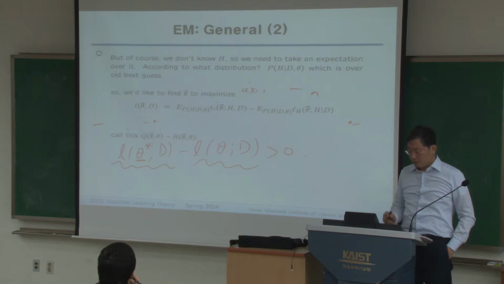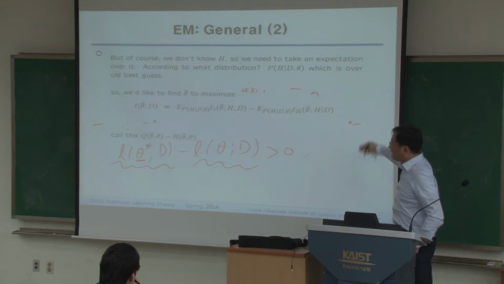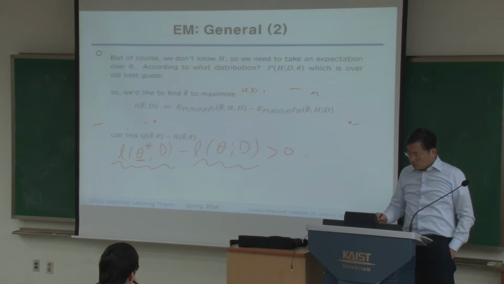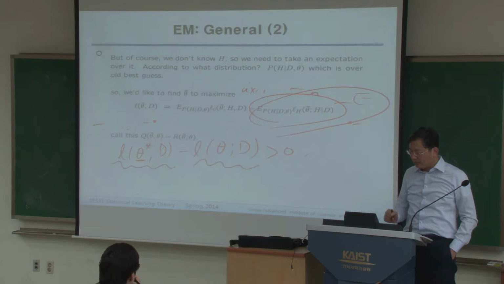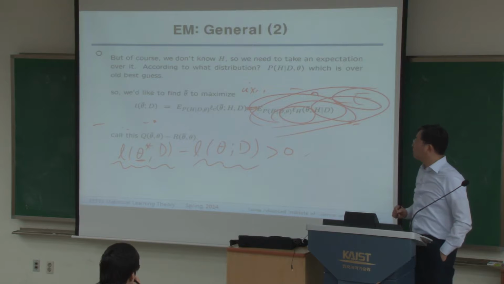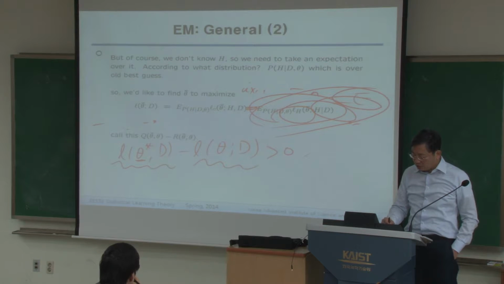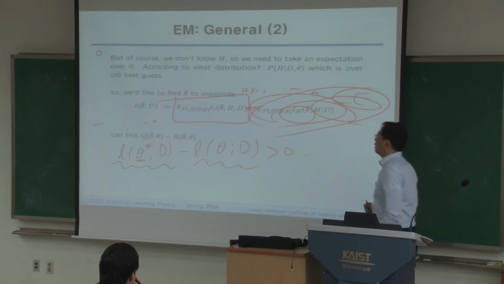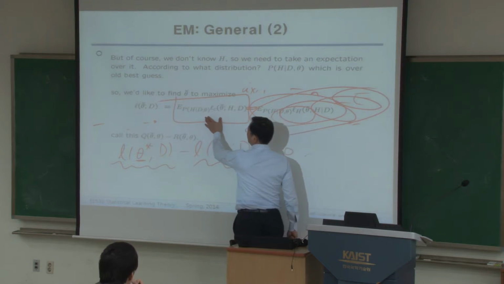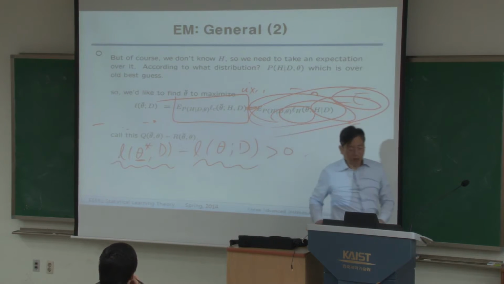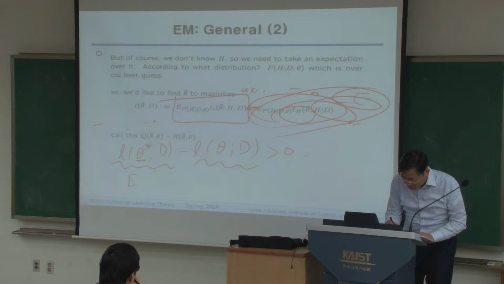The next slide will tell you that if I subtract these two, the R part is always negative, so I don't really have to worry about it. And it really turns out that if I maximize over this, I need to have, I'll write it down, just so.